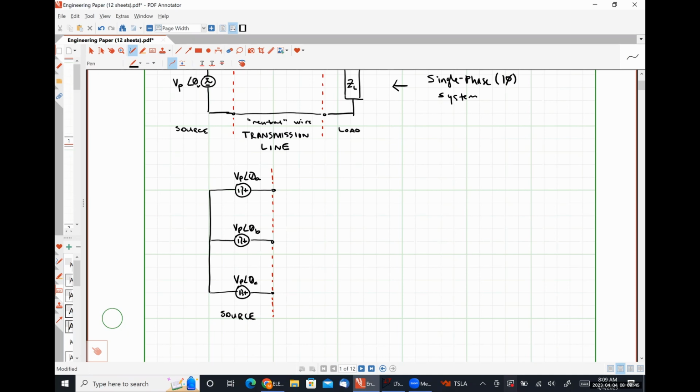Much like with our other diagram, we are also going to have a load, but in this case, we're going to have a three-phase load.